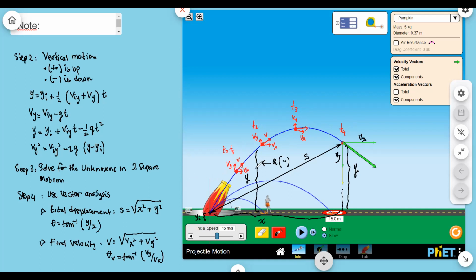Now, the horizontal motion is very, very simple. If you break down this motion into vertical and horizontal axes, we can break down the motion in the horizontal axis like this. So this is the motion in the horizontal axis.